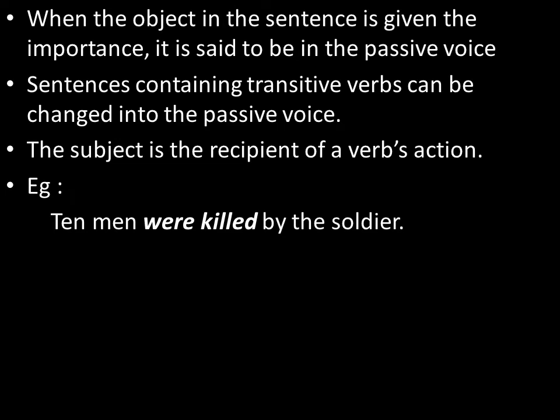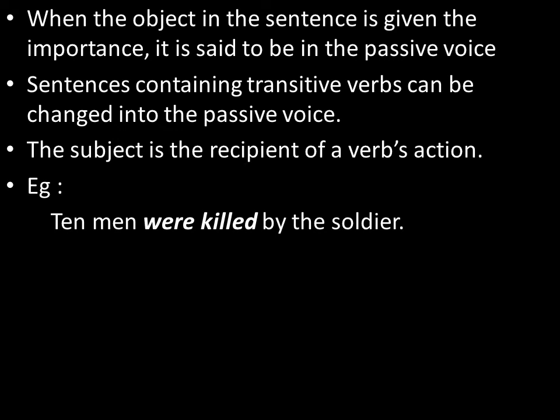Which is the action word in the sentence? The verb were killed. It means the verb killed in the active voice changed to were killed in passive voice. So the difference between active and passive voice can easily be understood from these two examples.